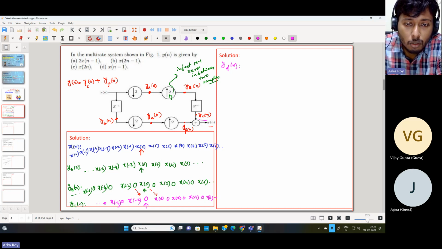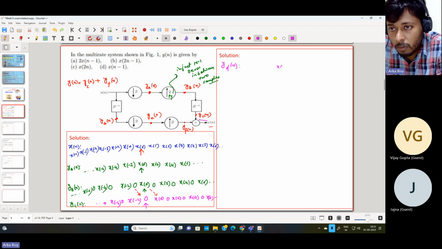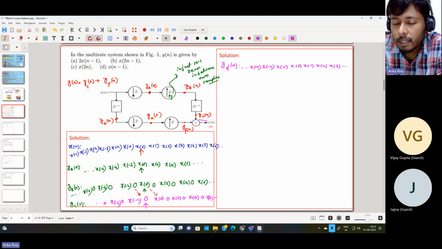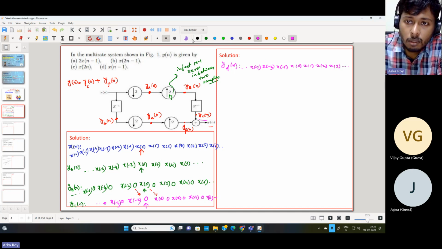So therefore X naught will go to the first index in case of YDN. So I can write it as X of -1 followed by X of 0, X of 1, X of 2, X of 3 and so on, then X of -2, -3, and in the right hand side also it will go like this.